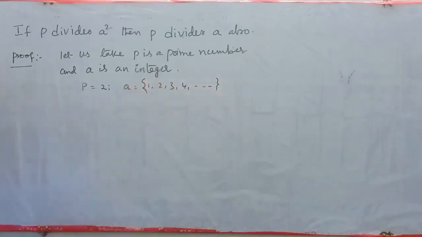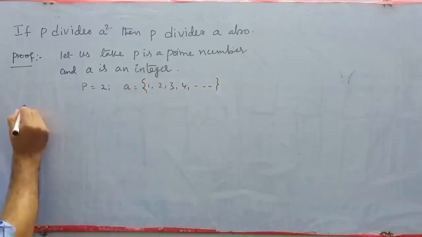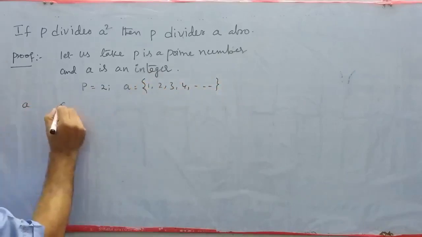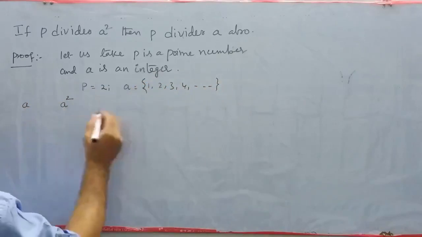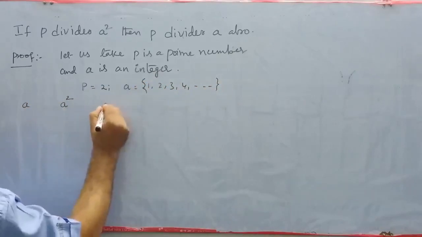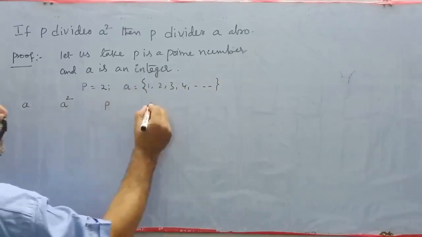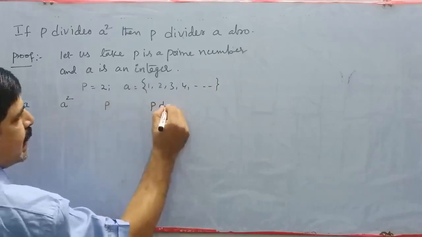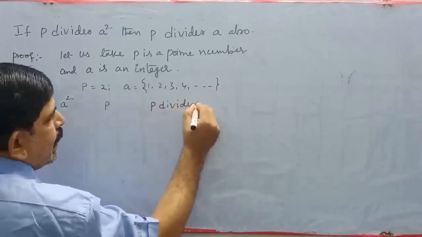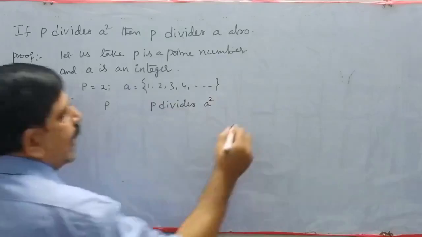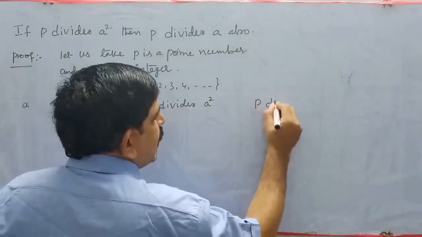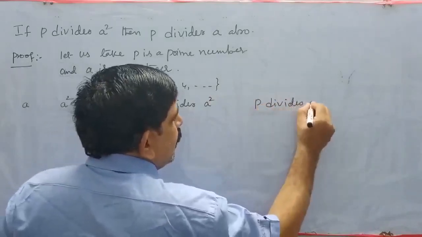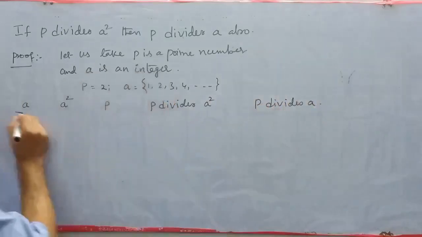Now first one A, next A square, next one P, next P divides A square and P divides A also.